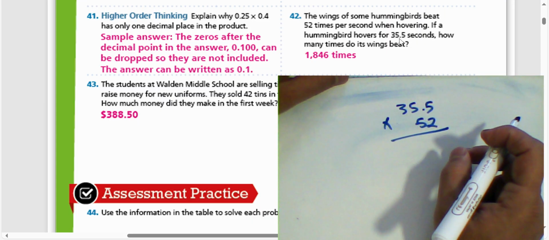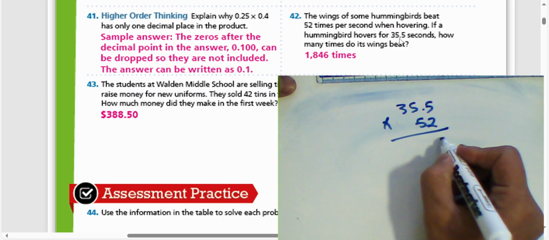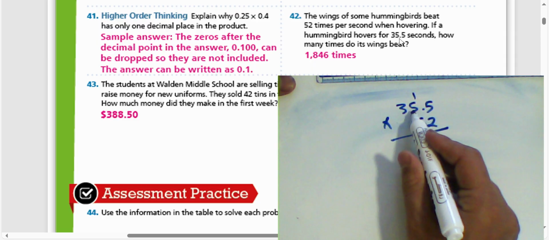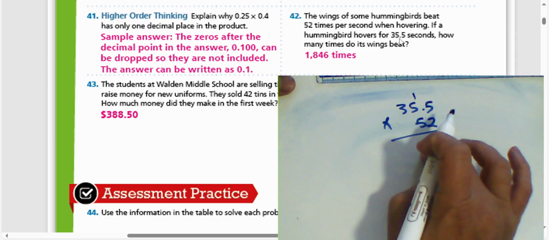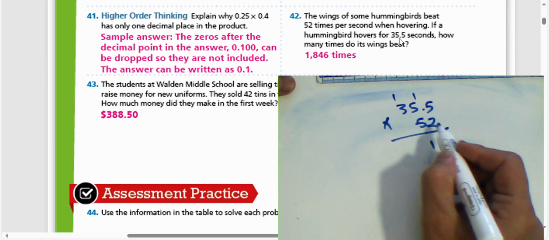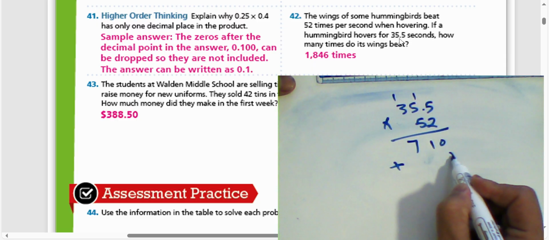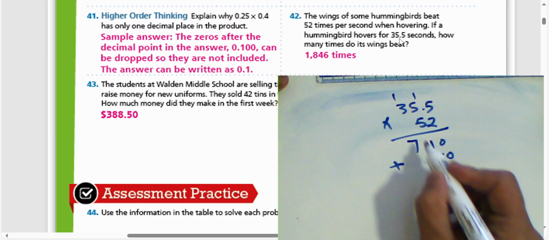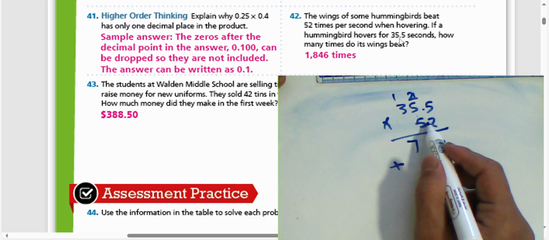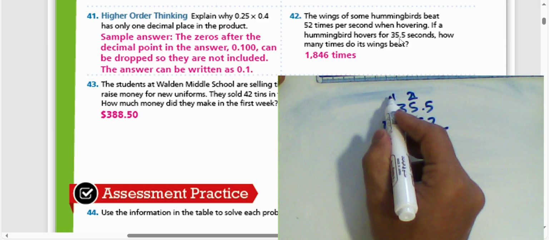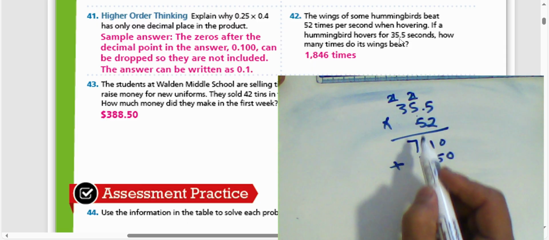Okay, we have 2 times 5 is 10, write 0 and carry 1. 2 times 5 is 10, plus 1 is 11, write 1 and carry 1. 2 times 3 is 6, plus 1 is 7. 5 times 5 is 25, write 5 and carry 2. 5 times 5 is 25, plus 2 is 27, write 7 and carry 2 also. 3 times 5 is 15, plus 2 is 17.